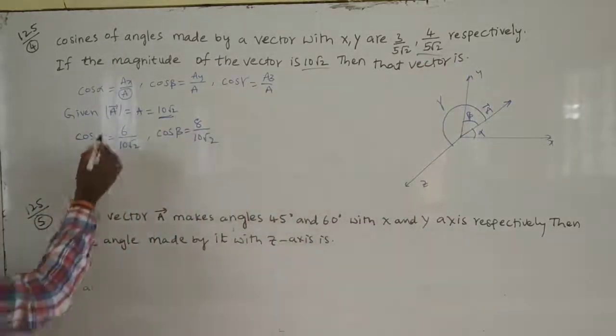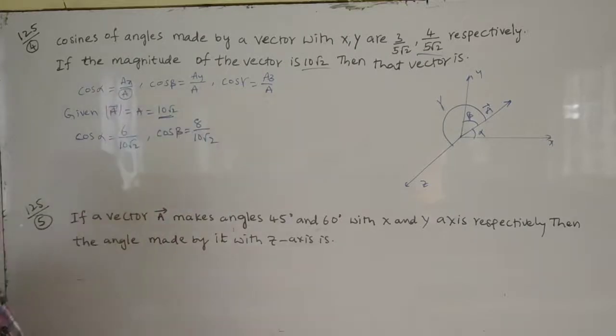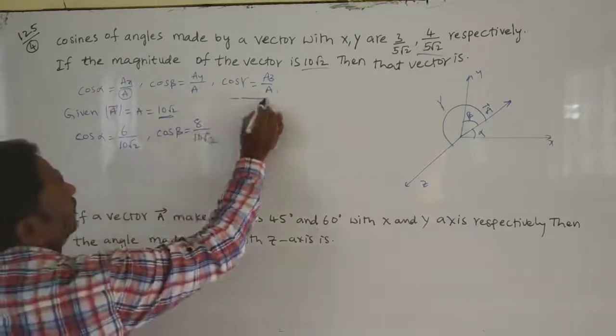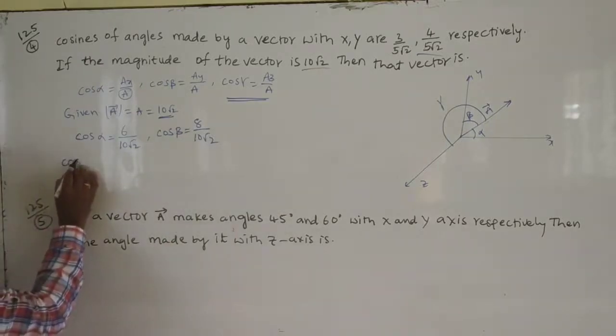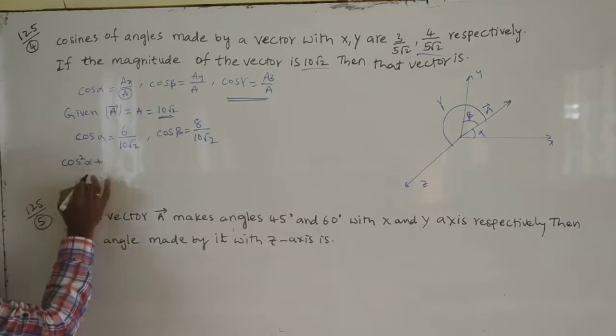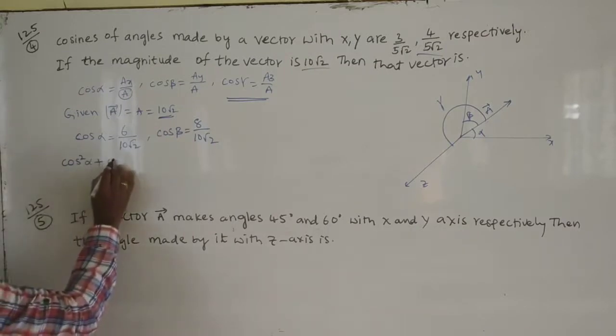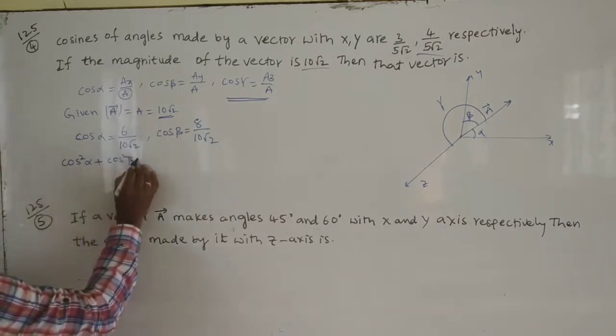Now we have these values, and we have to find cos gamma, using the formula cos square alpha plus cos square beta.